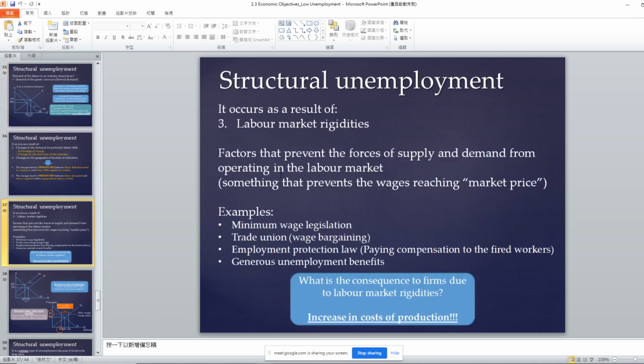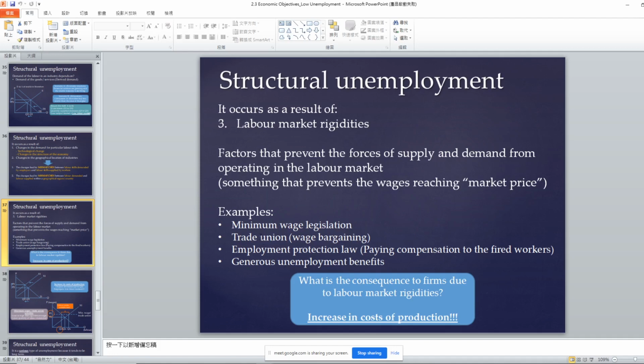And when we talk about labor market rigidities, if you already forgot it, they are the factors that prevent the forces of supply and demand from operating in the labor market, the factors that prevent the achievement of the market price for wages. So there are so many reasons, of course.